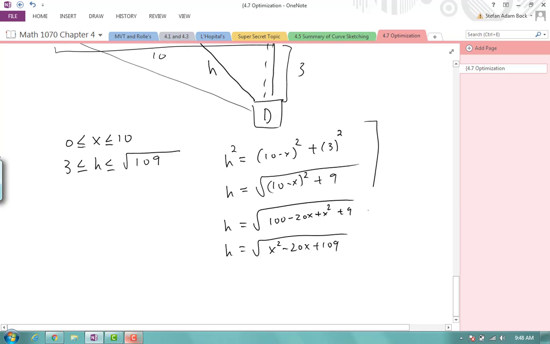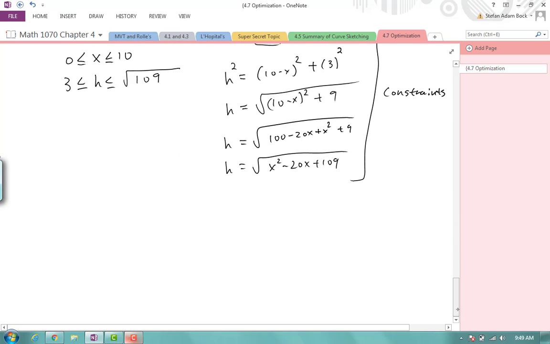But these here would qualify as my constraints. These label the bounds of my problem, and I have a method of calculating one part based upon another part. And this is probably going to help me simplify my objective function.